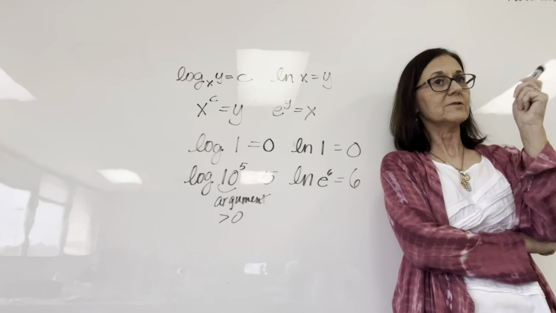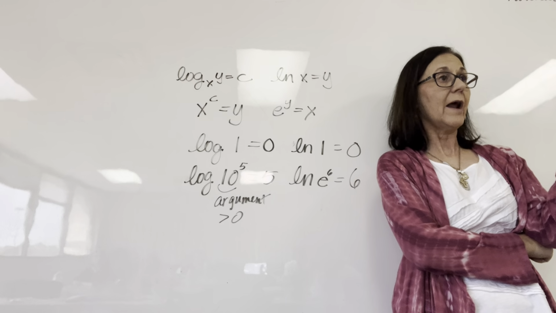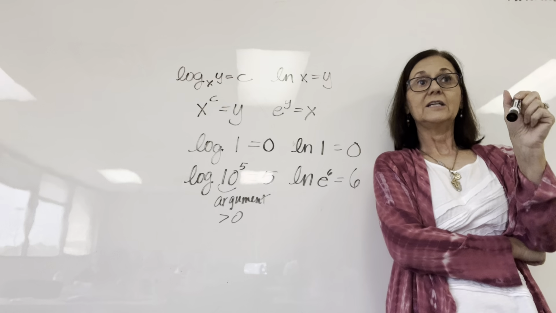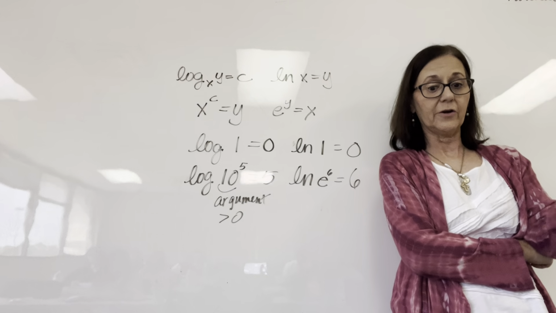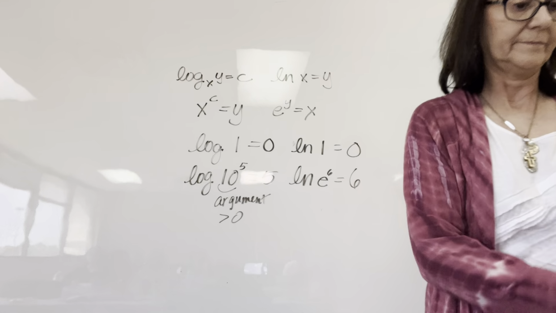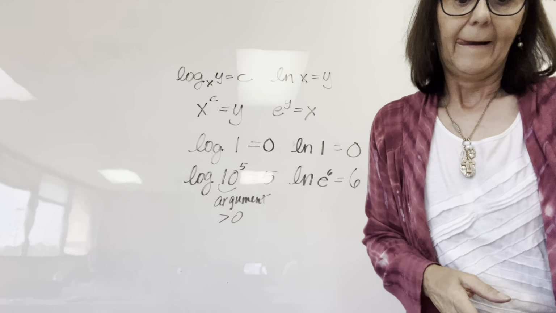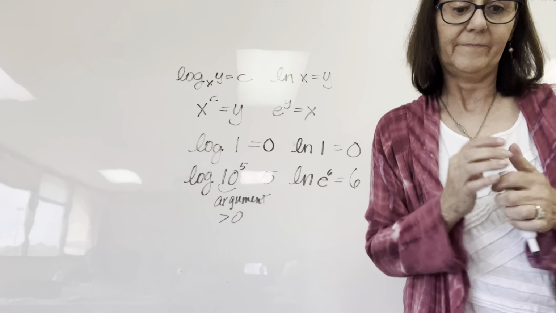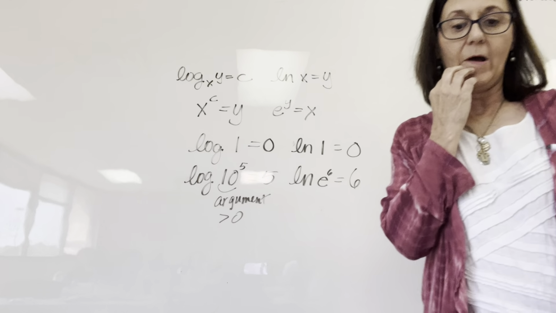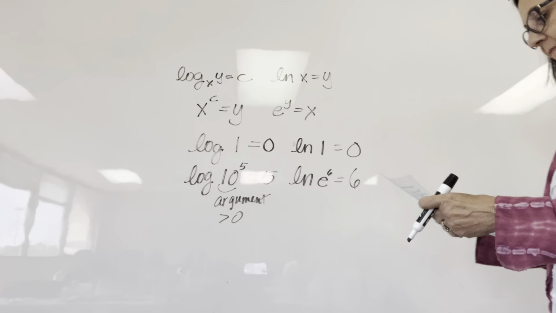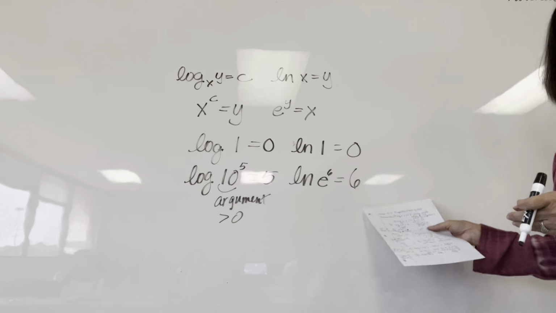It cannot equal 0 because I cannot raise any base to a power for it to equal 0. So that argument has to be greater than 0. Now, you have this so far?